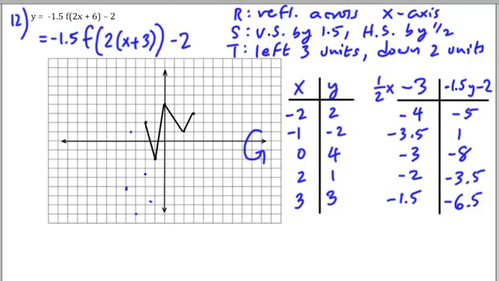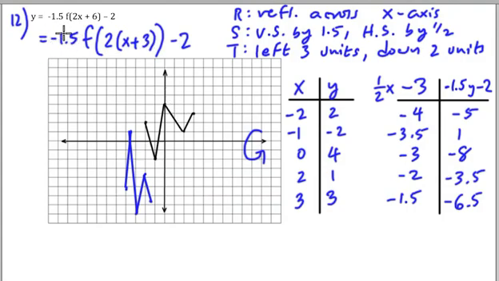Okay, so now we just have to connect the dots. All right, so there, and we go there, then there, then we go there. And let's just see if it visually makes sense.